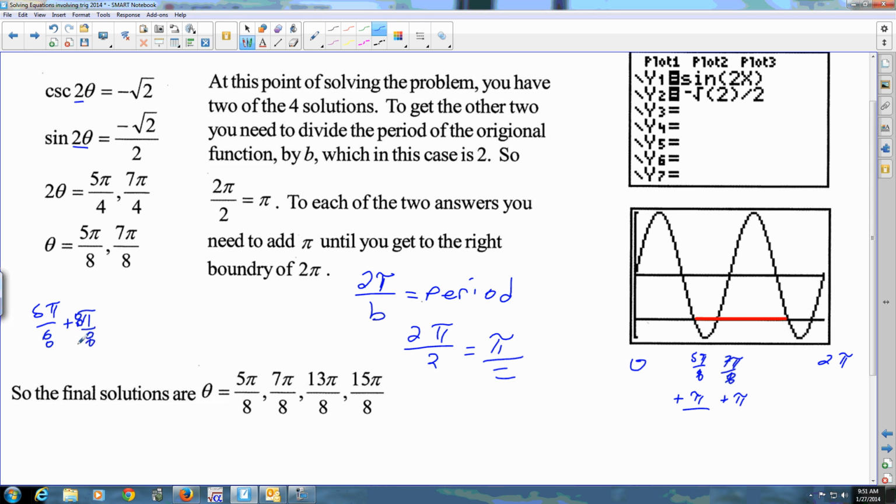I get 13 pi over 8. 7 pi over 8 plus 8 pi over 8 is 15 pi over 8. That's how I get the other 2 answers. So you find the initial 2 answers, look at the period, and add the period on.